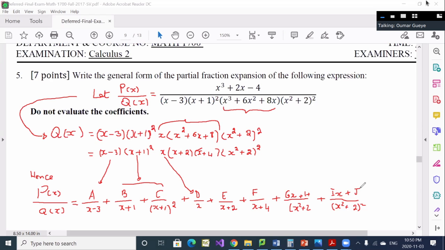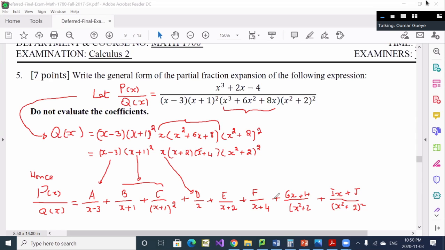So in this case, all these letters from A to J are constants. We'll see tomorrow how to find them. But here the question was just to get the partial fractions decomposition without calculating any of these coefficients. That's why we stop here.